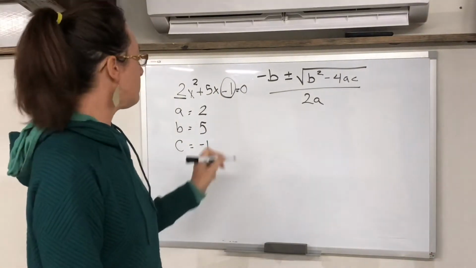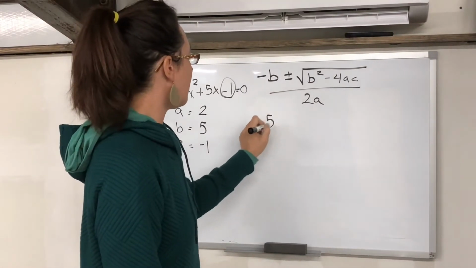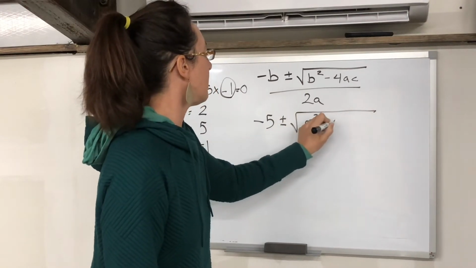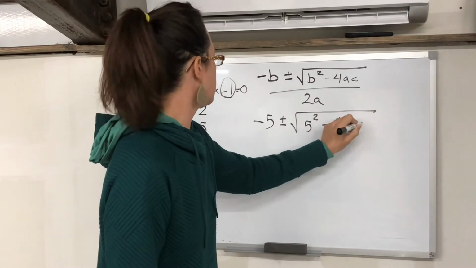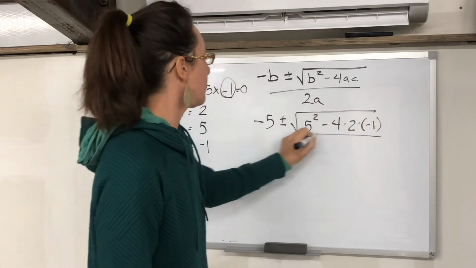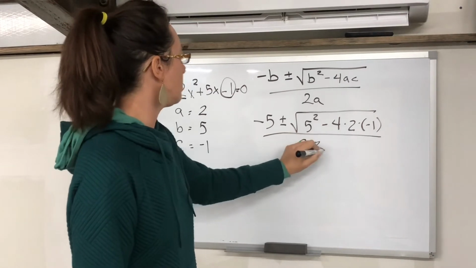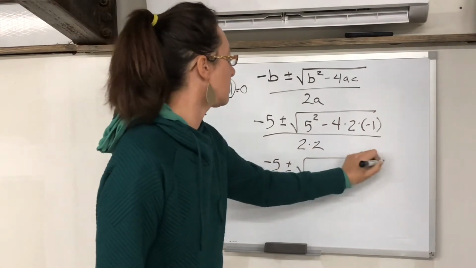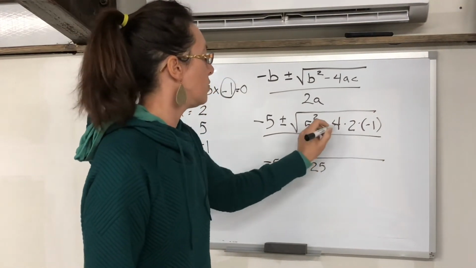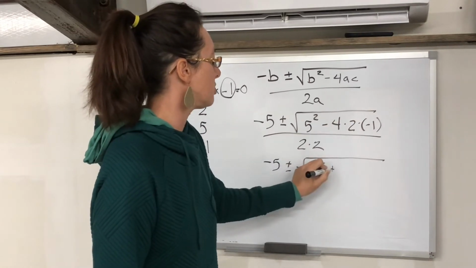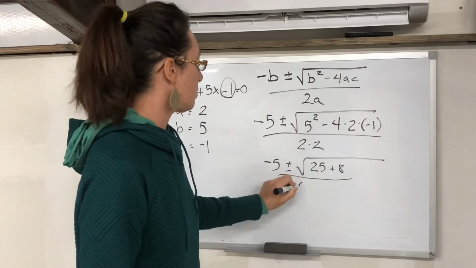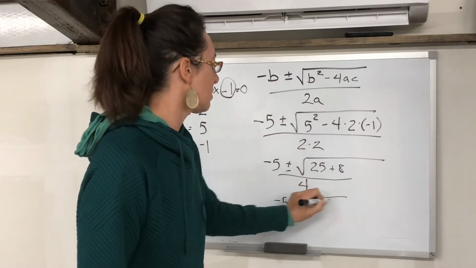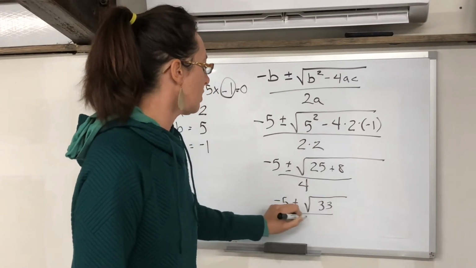All right, so now we just plug and play. So we've got -5 plus or minus the square root of 5 squared minus 4 times 2 times -1 all over 2 times 2 for A. Okay, so we have -5 plus or minus the square root of 25. 4 times 2 is 8, but I've got 2 negatives, so plus 8, over 4. -5 plus or minus the square root of 33 over 4.